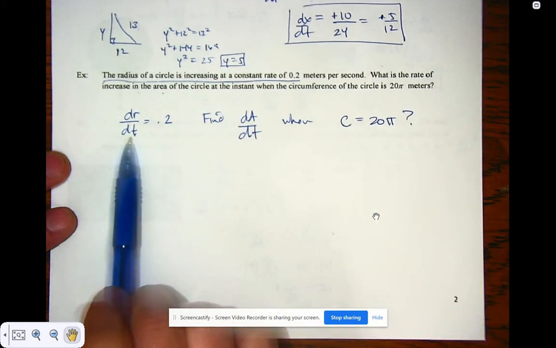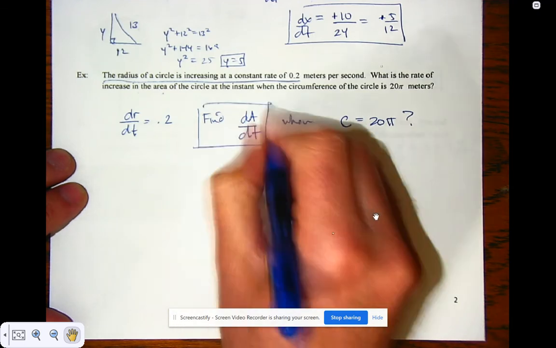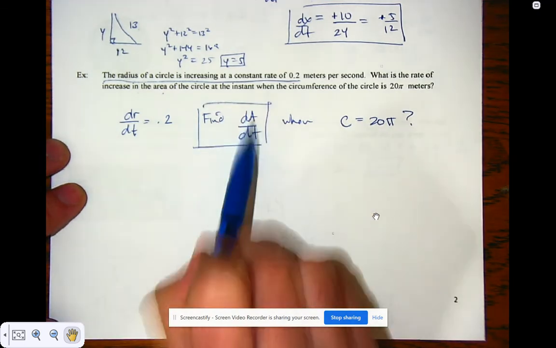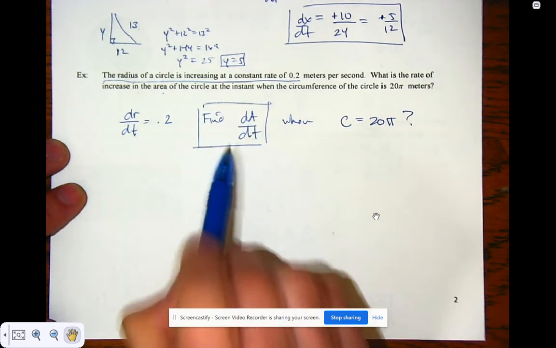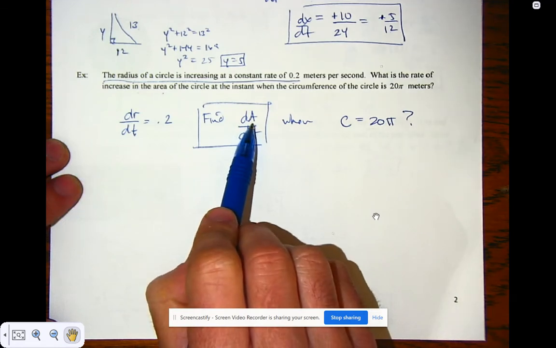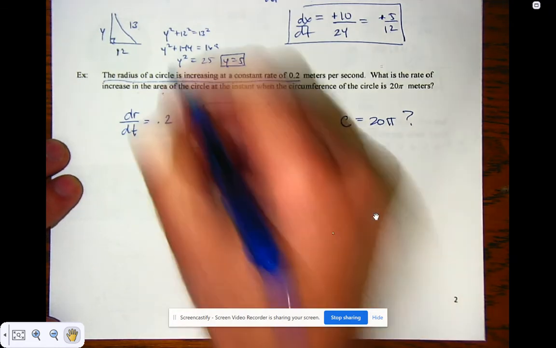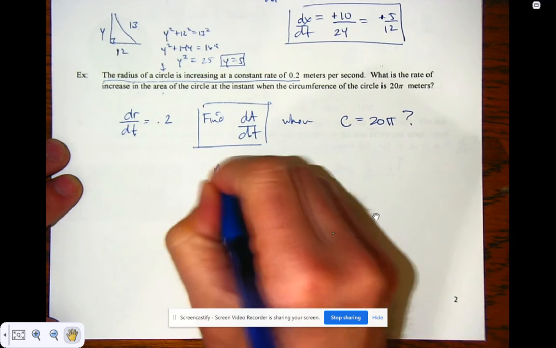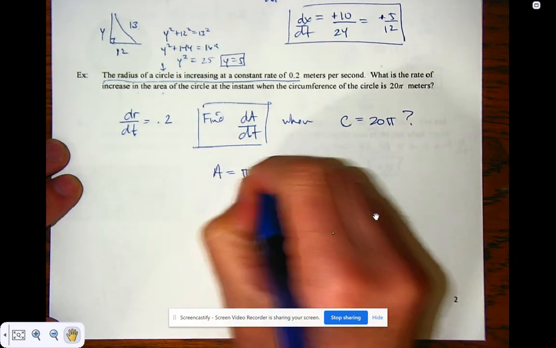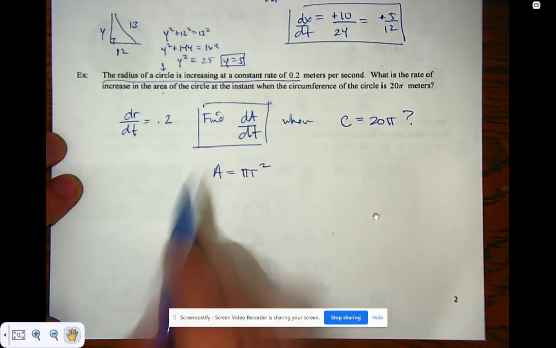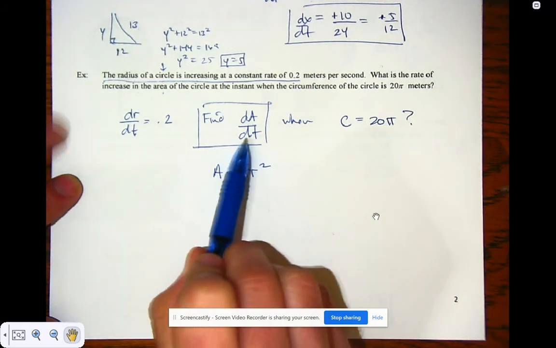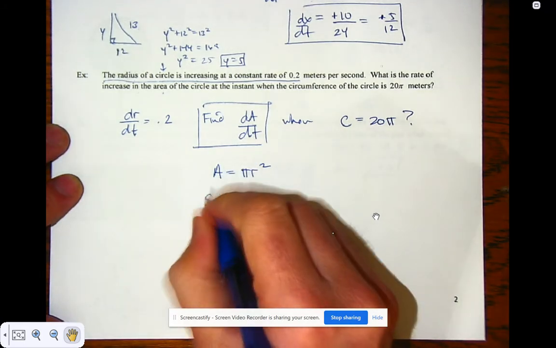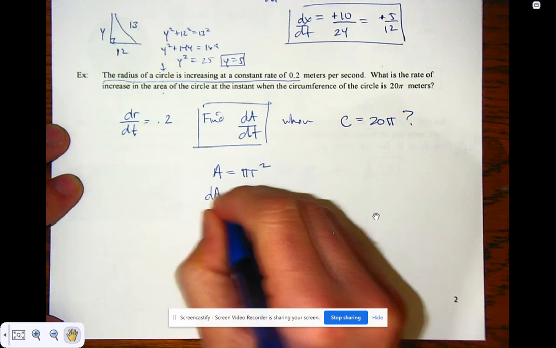Okay. So where do we start? You start where you wrote find. If you want to find dA/dt, you better come up with an equation with A and then take the derivative with respect to time. We're talking about circles. Everyone knows the area of a circle is pi r squared. So I've got my equation with A in it. Now I need d/dt. And so I better say, well, the derivative of A is 1, but A doesn't match t.